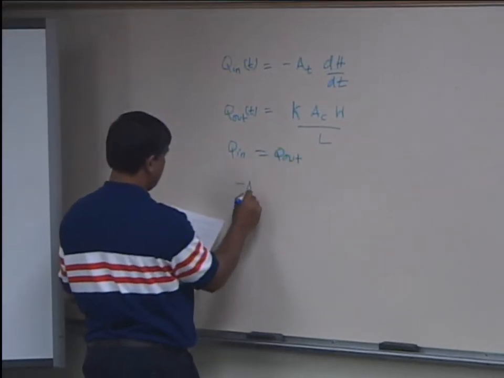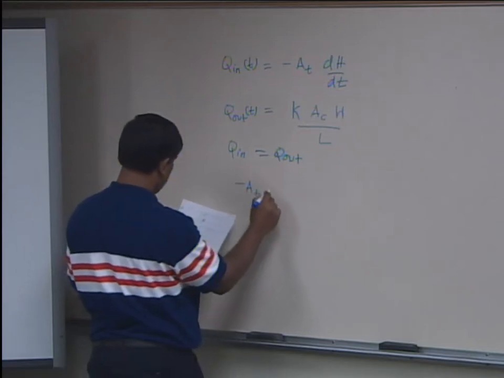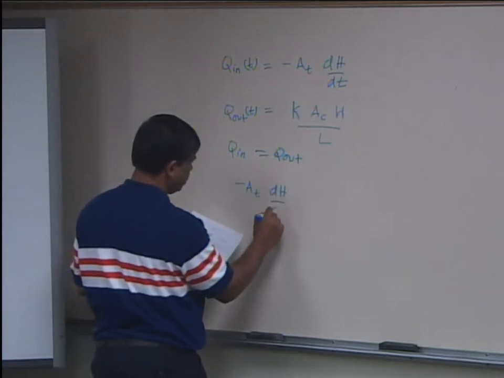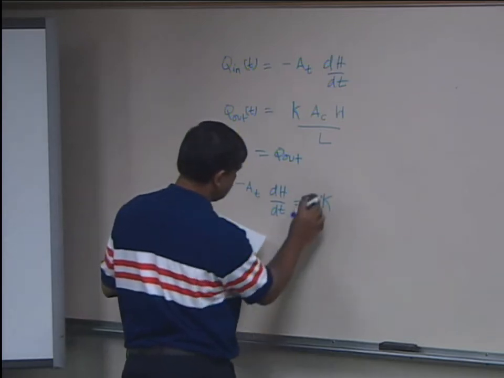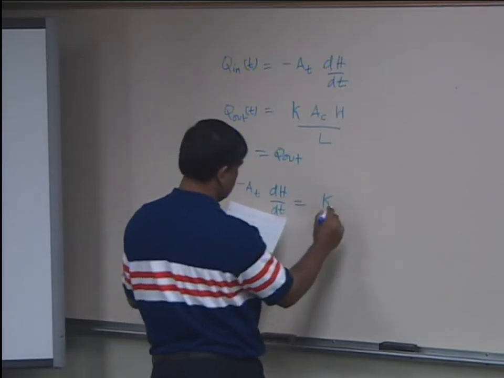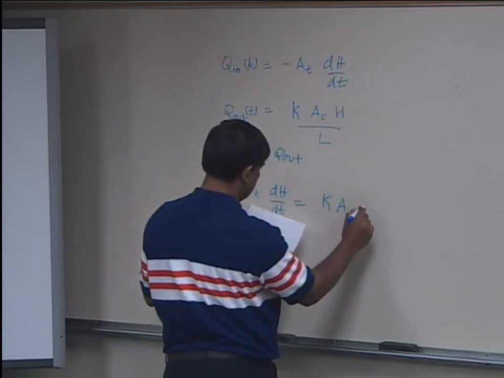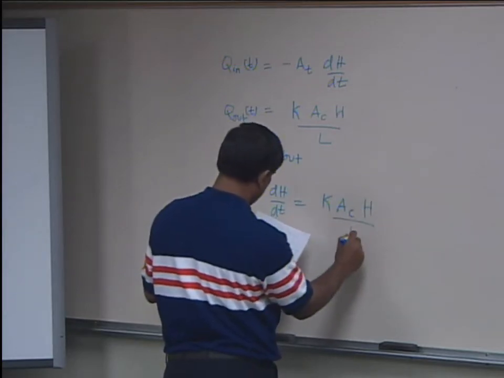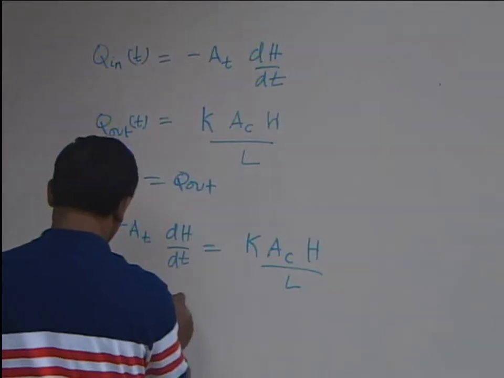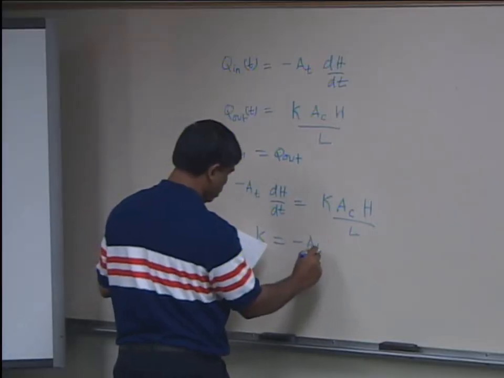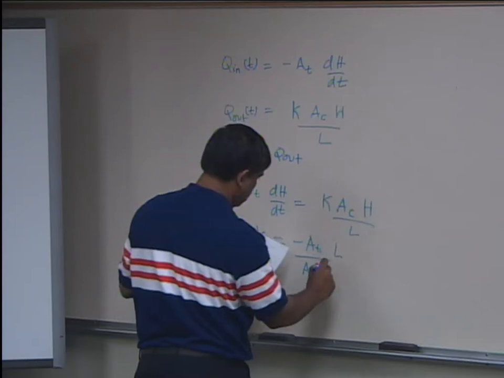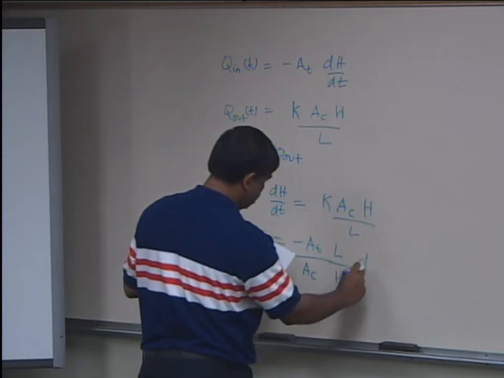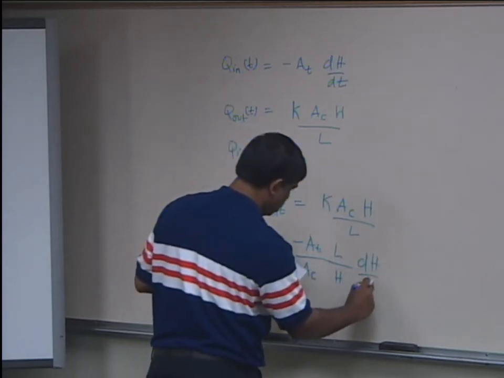So minus A tube dH by dt is equal to K A cross section divided by L times H. K is equal to minus A tube L over A cross section H, times dH by dt.